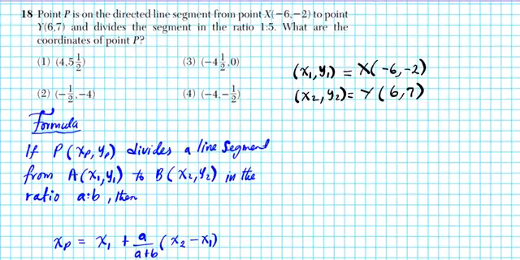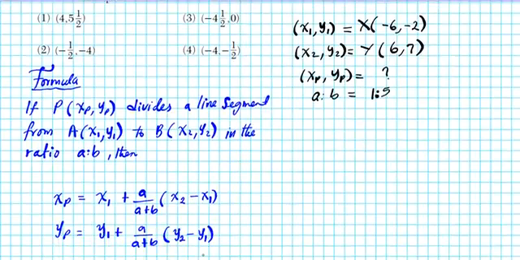The point between these 2 points that divides the segment, point P, xp, yp, is what we're looking for. Now the ratio A to B in this problem is 1 to 5. With this information we can specify each component and plug them into the formula to determine the coordinates of x sub P and y sub P.